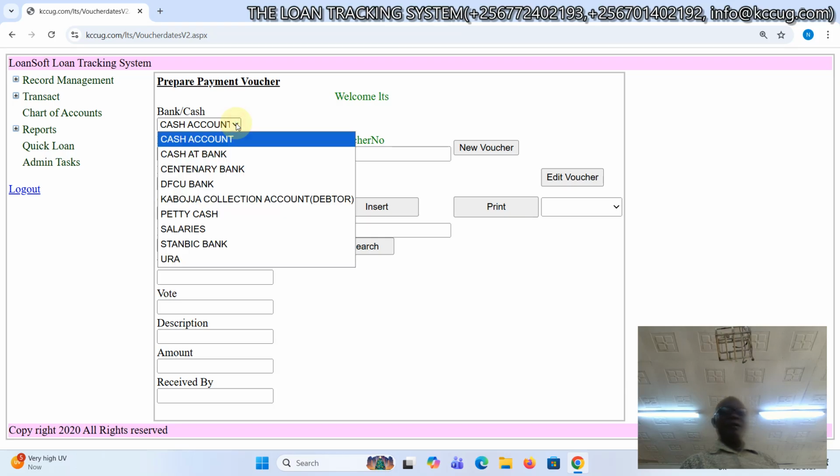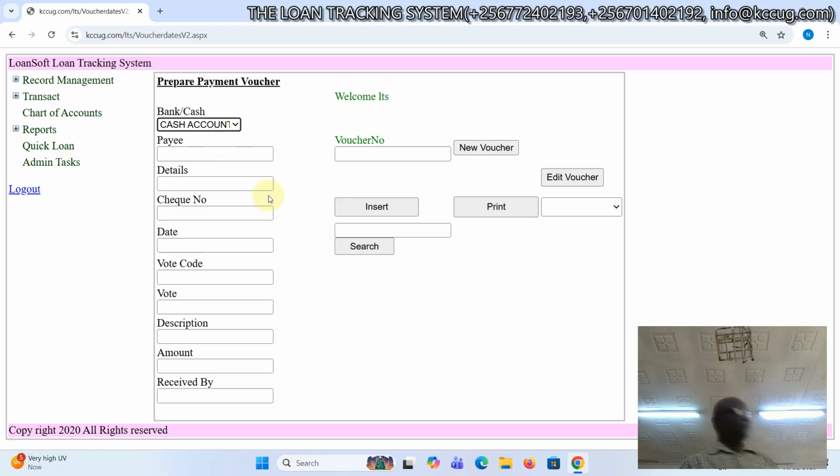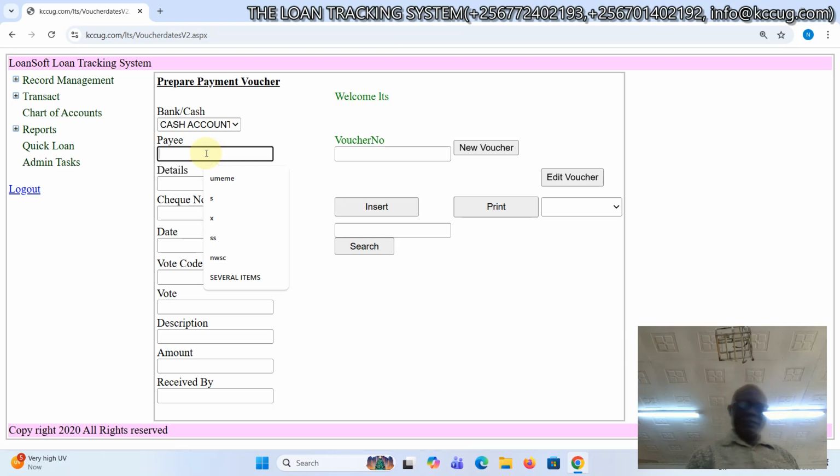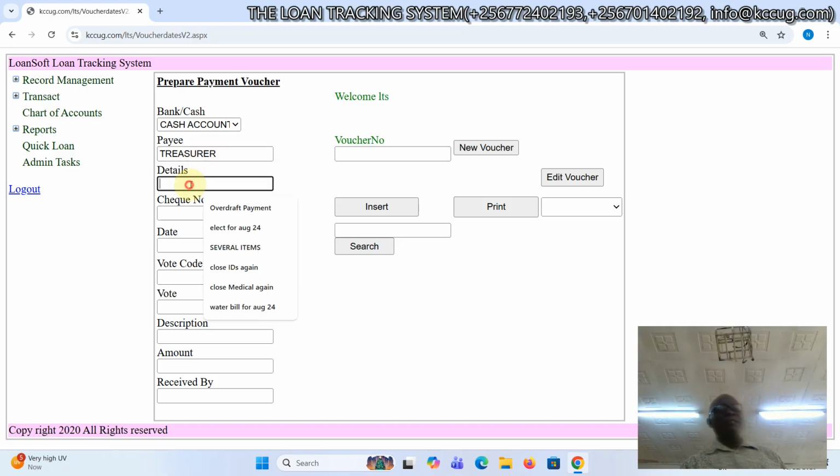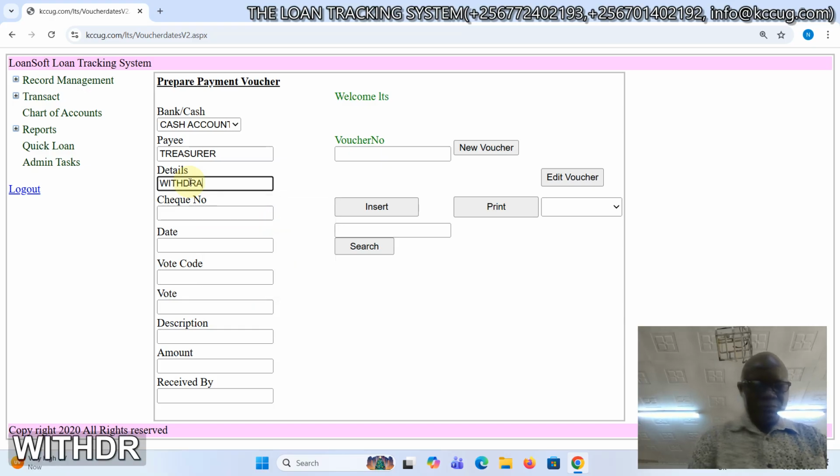Select where the money is going to be withdrawn. This is Chase Bank, paid to the treasurer. Details: bank withdrawal for loans to be disbursed by cash.